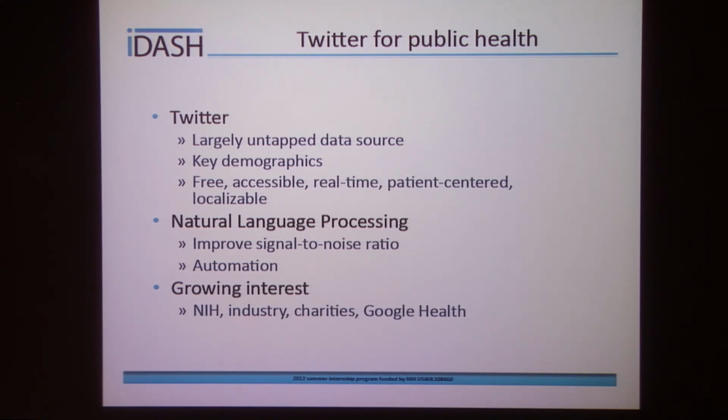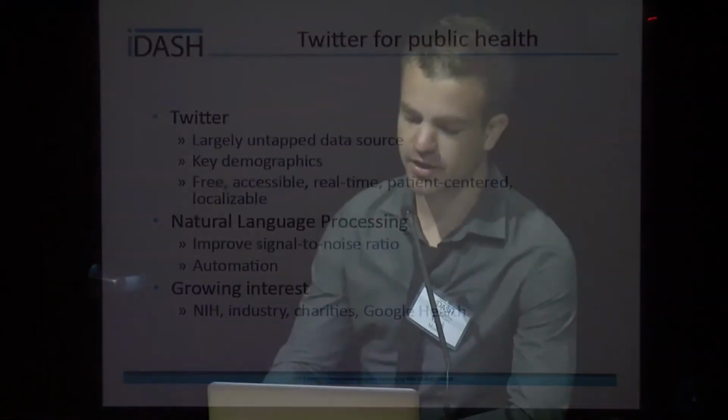Natural language processing goes hand in hand with using Twitter for surveillance, just to improve the signal to noise ratio, since there are a lot of false positives, as you've seen, as well as potential automation applications down the line. And it is broadly an area of growing interest. Funding is coming in from NIH, industry, charities, and so on. So Twitter and social media for public health surveillance is a promising new methodology.